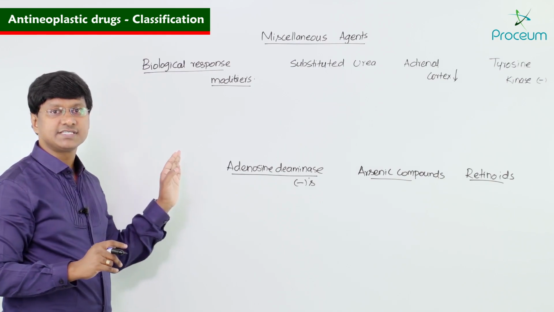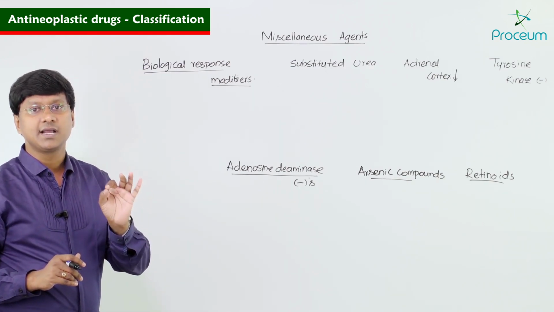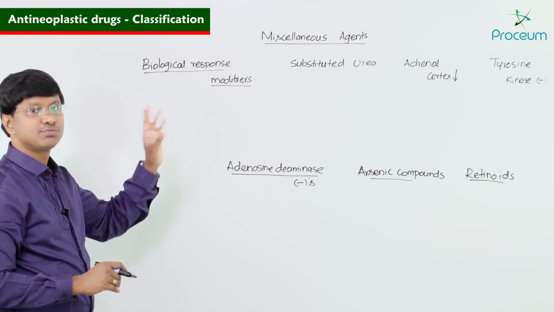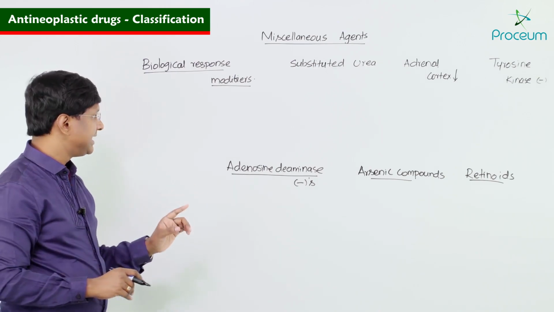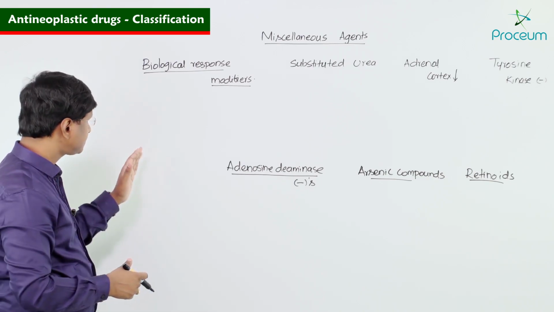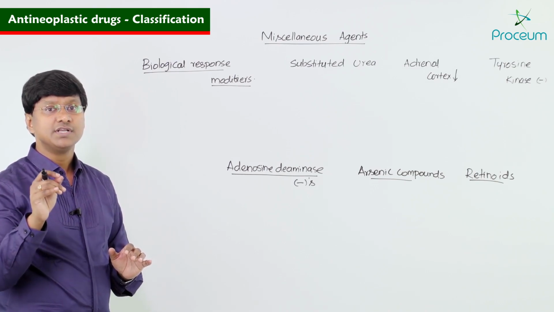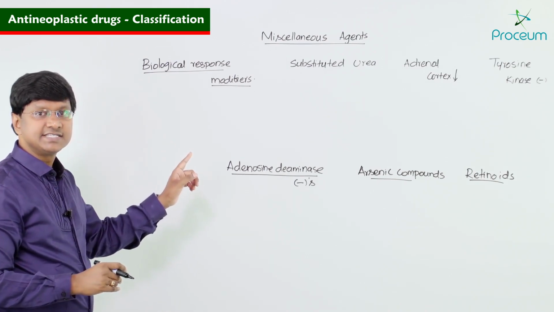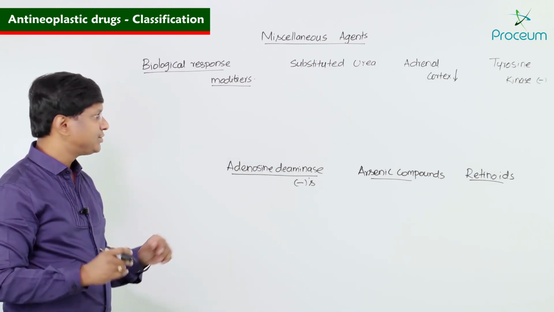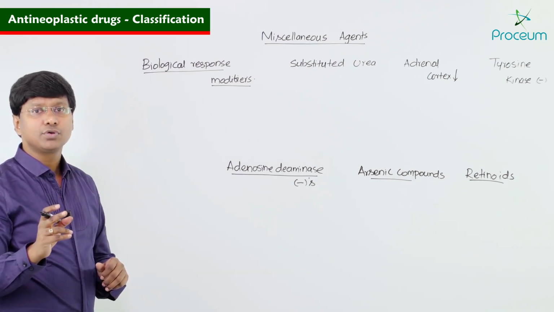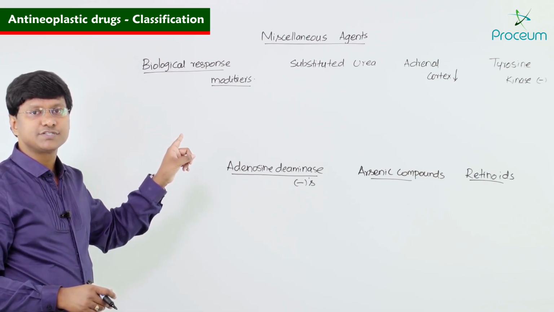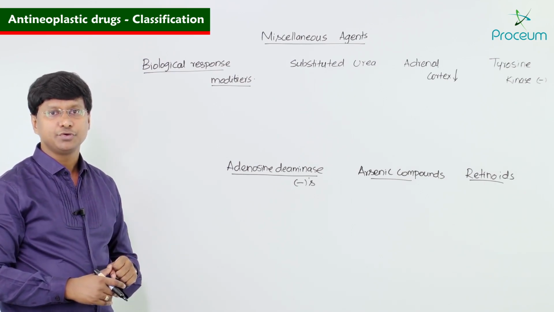An example of GM-CSF is sargramostim. Next, you have G-CSF, that is granulocyte colony stimulating factor, which includes filgrastim. Then you have the monoclonal antibodies, which include rituximab and trastuzumab. These are the biological response modifiers which are acting as the antineoplastic drugs.